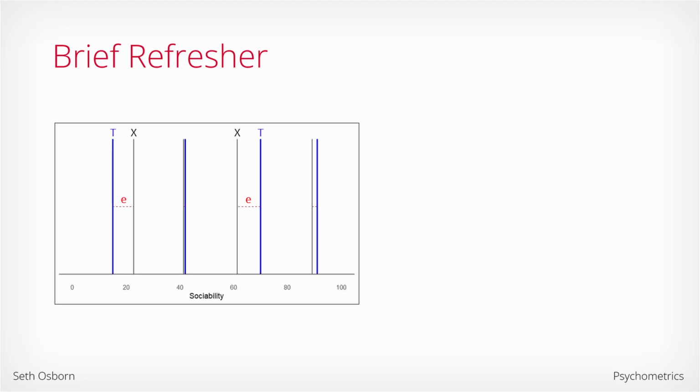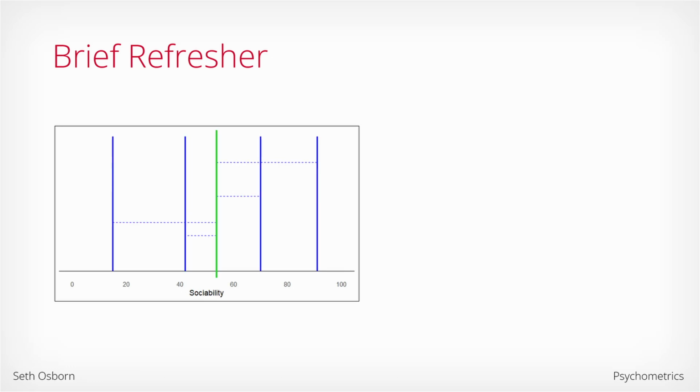Here's a visual representation of this idea, where there are 4 true scores represented by blue bars, and you can see that the observed scores, represented by black bars, missed the mark by some amount of random error. Some of the variability in the distribution is due to genuine differences among people on whatever characteristic you're measuring, and some of the variability in the distribution is just due to randomness.